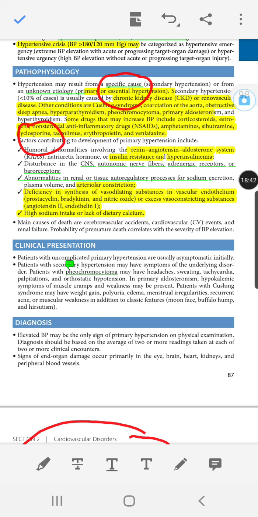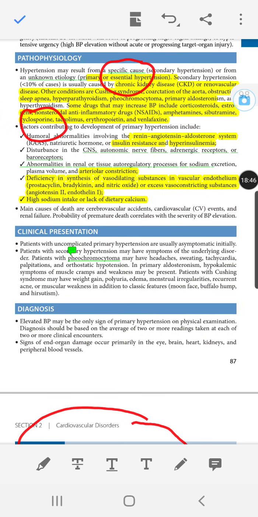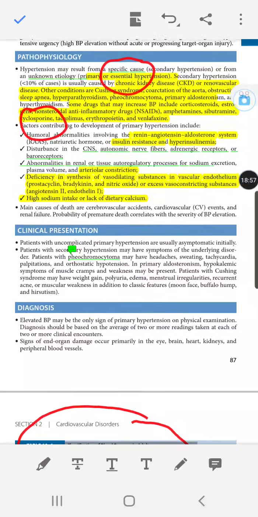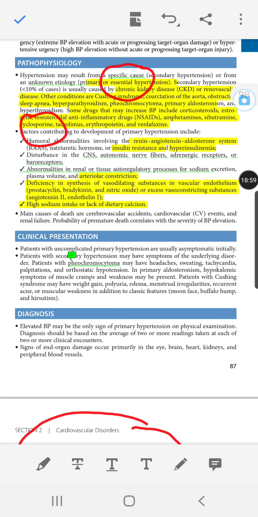If there is an increase in adrenaline or epinephrine, then there is an increase in blood pressure or heart rate. Or if there is an abnormality in the renal or tissue autoregulatory process for sodium excretion, if there is less sodium excretion and more intake, then water passively enters and the blood pressure increases.